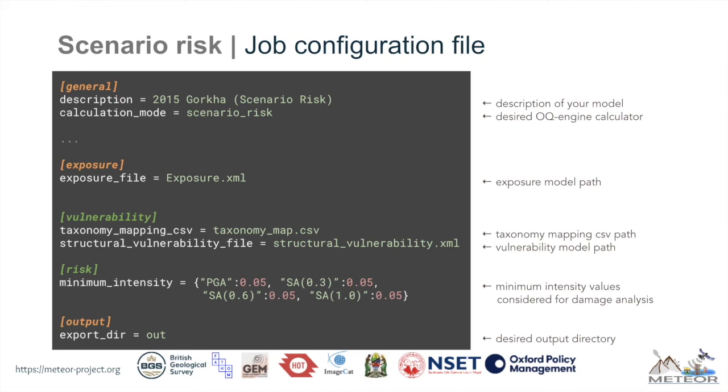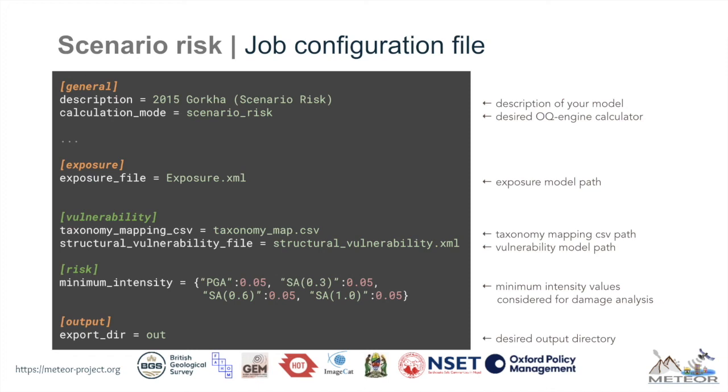Similar to demo number 2, we have our exposure file, and we have our taxonomy mapping CSV. However, in this case, because we're interested in losses, we've swapped from a structural fragility file to a structural vulnerability file. And in this case, the path to that file is structural_vulnerability.xml.